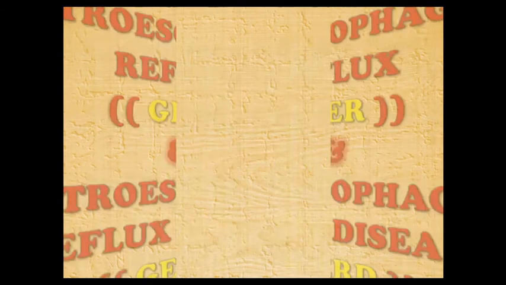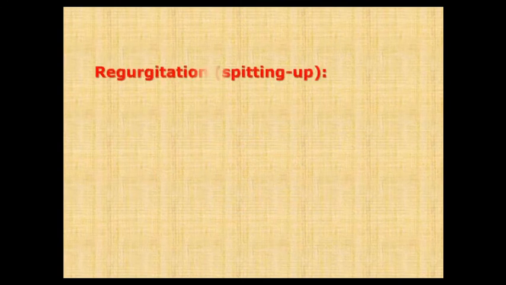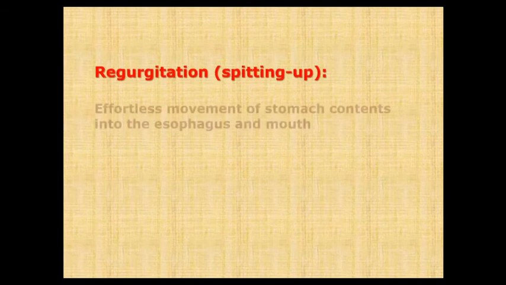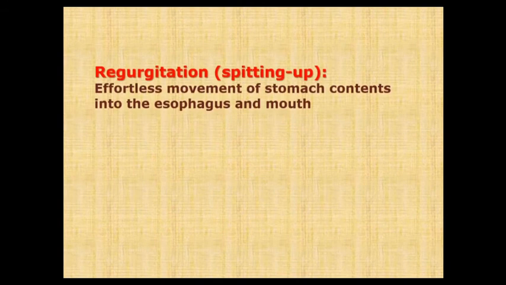Now, the gastroesophageal reflux and the gastroesophageal reflux disease, or what we call GERD. First, we have to know these definitions. The first is regurgitation or spitting up. It is an effortless movement of the stomach contents into the esophagus and mouth.